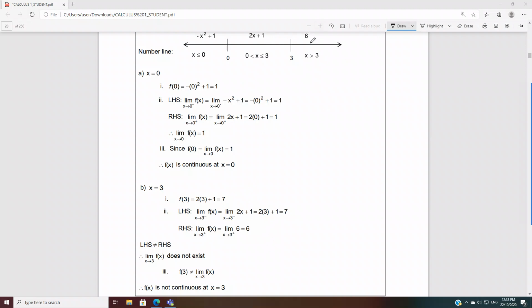Okay, right hand side limit, we take 6. The limit of 6 when x approaches 3 from the right equals 6.